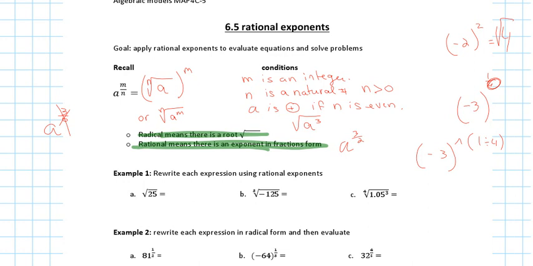If I do -2 to the power of 4, that's going to be 16. Does that make sense to you? Okay? So if n is even, if your denominator is even, then your base cannot be negative.